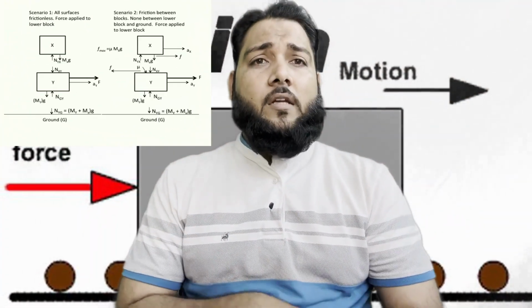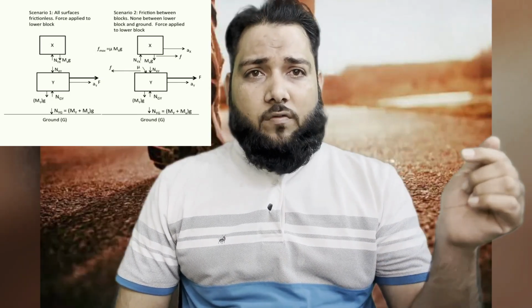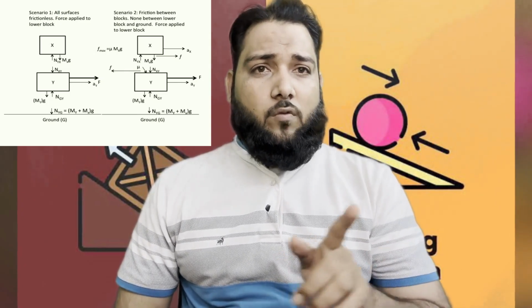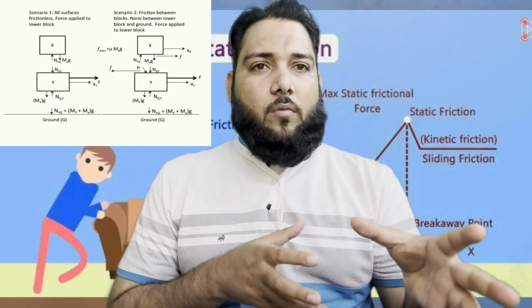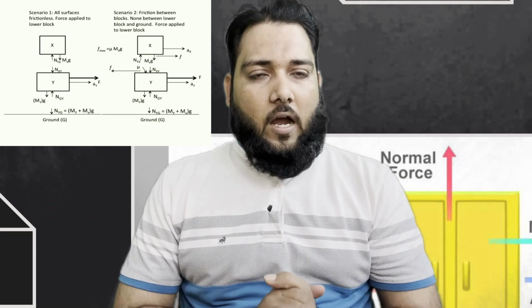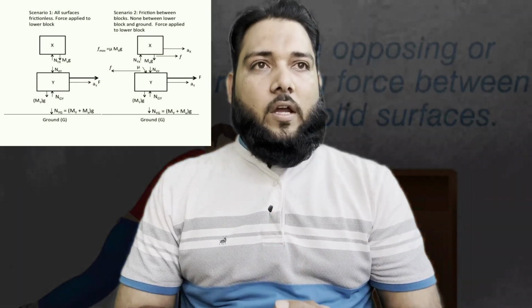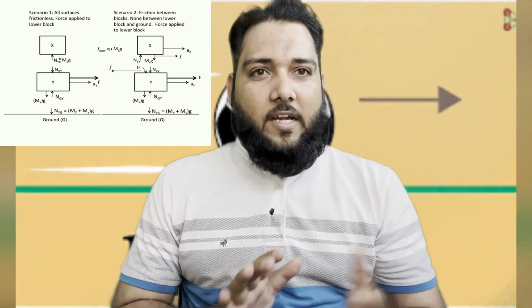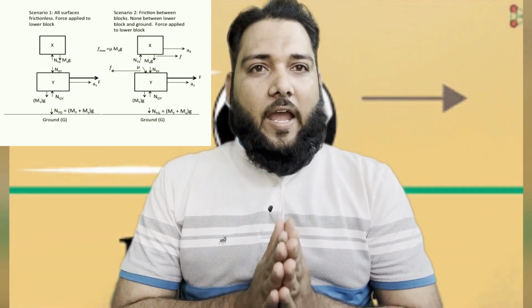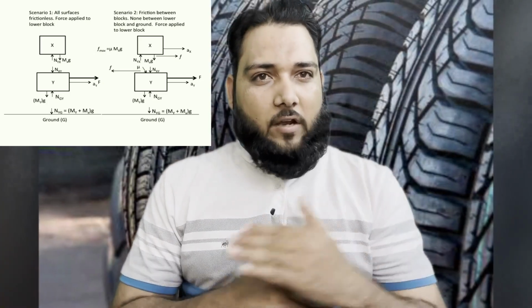Similar types of two block problems you can see here. In two block problems, one tries to push back and the other tries to push in the forward direction. One block pushes the earth backward and the earth pushes the lower block forward. Similarly, when the lower block tries to move in the right direction, the friction due to the upper block acts on the lower block in the backward direction.